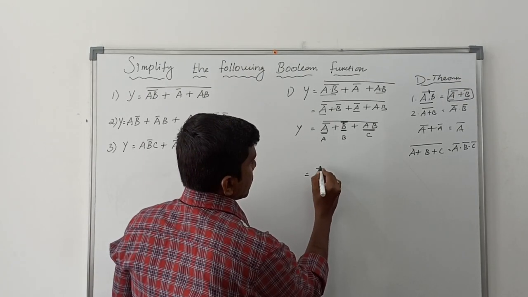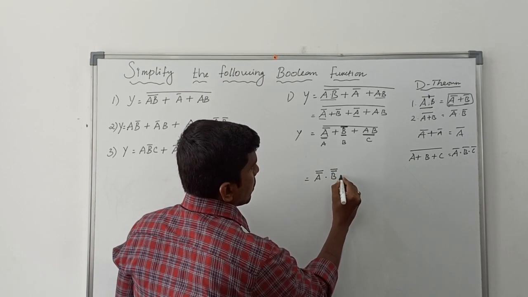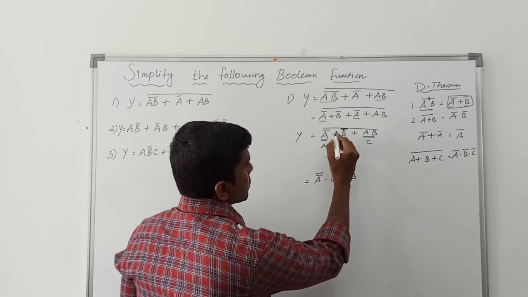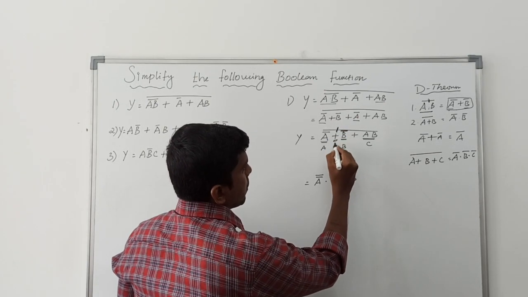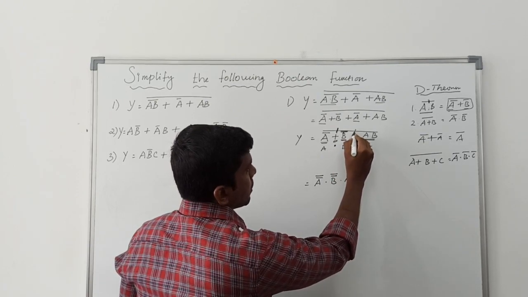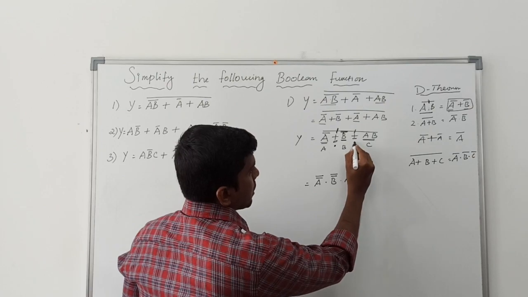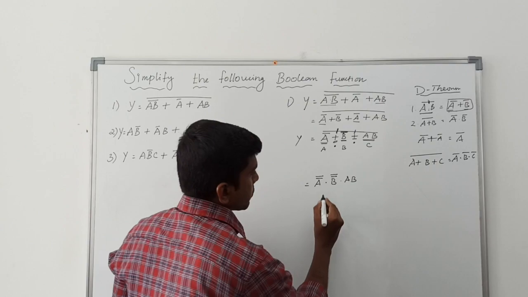So we get A double bar dot B double bar dot (AB) bar. Just break the bar and change the sign; here instead of plus you use dot. This is De Morgan's second theorem.